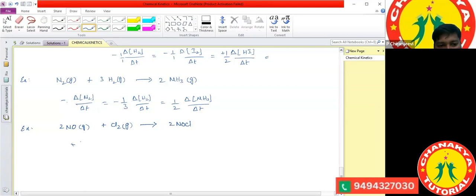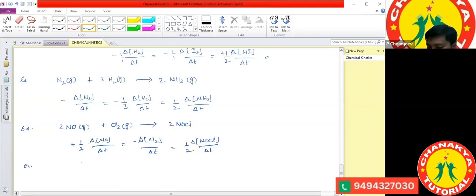So this we can write as minus 1 by 2 delta NO divided by delta T, which is equal to minus delta Cl2 divided by delta T, which is equal to 1 by 2 delta NOCl divided by delta T. So this is a previous JEE question.